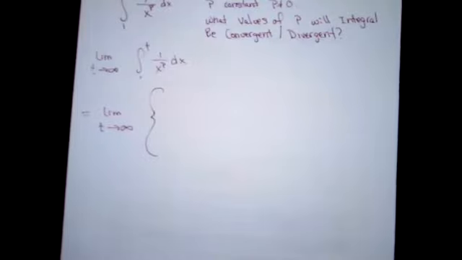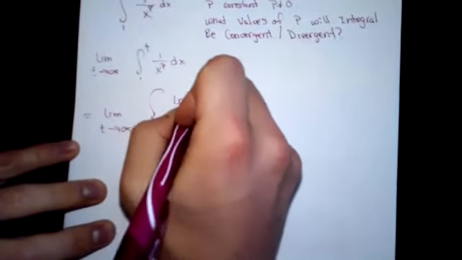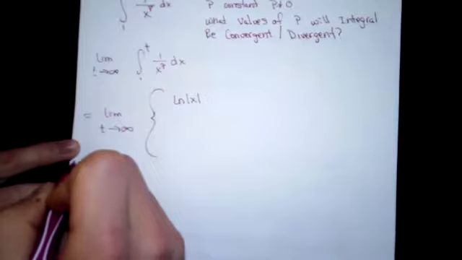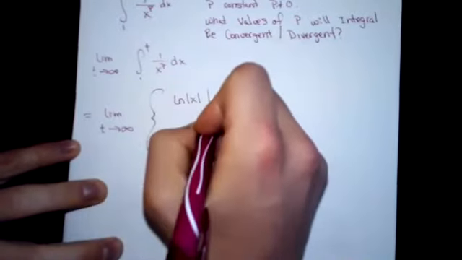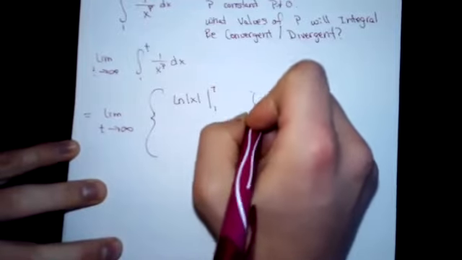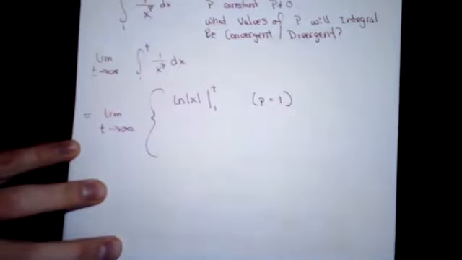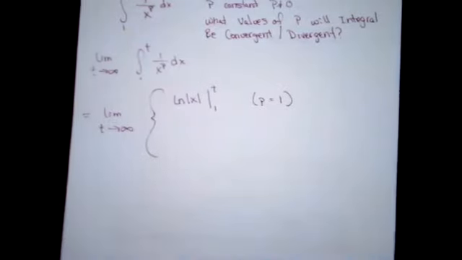So if p is 1, we will get natural log of x. This is when p is equal to 1.